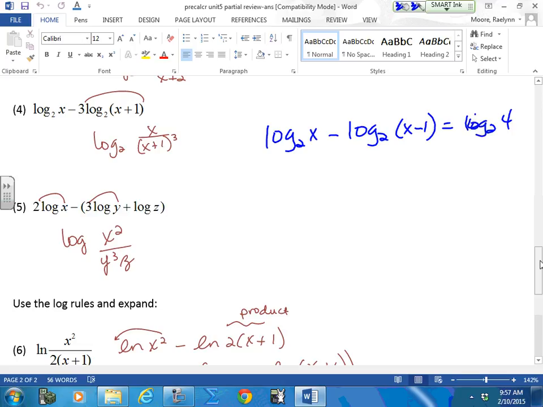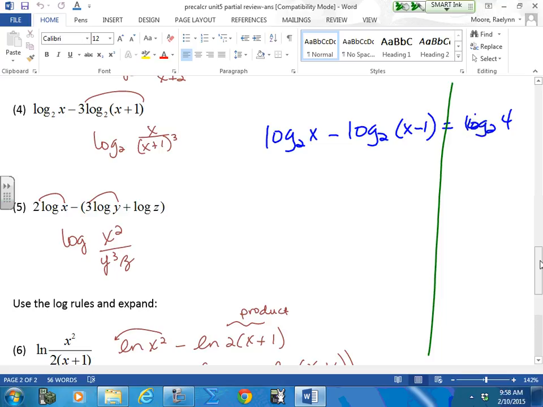Okay, what would you do for this? Guys, I'm trying to help you for your test tomorrow. In 3 minutes. What would you do to solve this equation? Solve it. You can't because it's attached to a log. So we put a line on the equal sign, and we see logs all over the place.